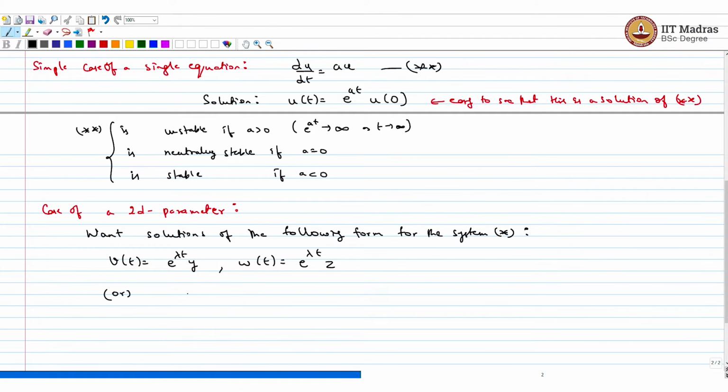Or if I write it in the form of the vector parameter, I want this to be e power minus lambda t into x, where x is just y and z.